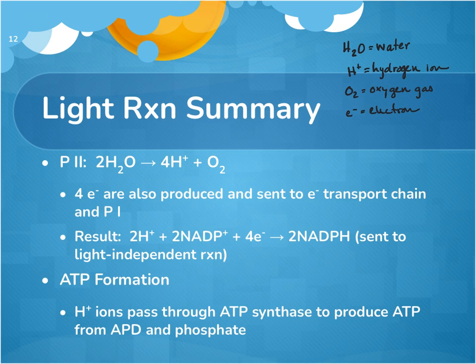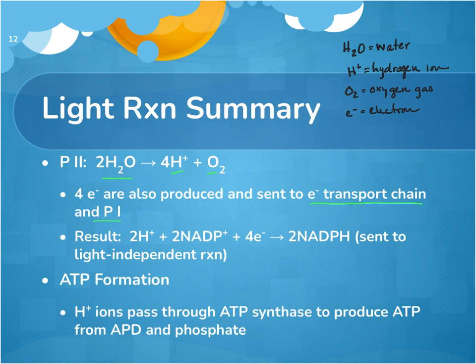So to summarize, in the light reaction, photosystem 2 takes water molecules and splits them apart into hydrogen ions and oxygen gas. There are also 4 electrons that are produced, and they are sent to the electron transport chain and photosystem 1.